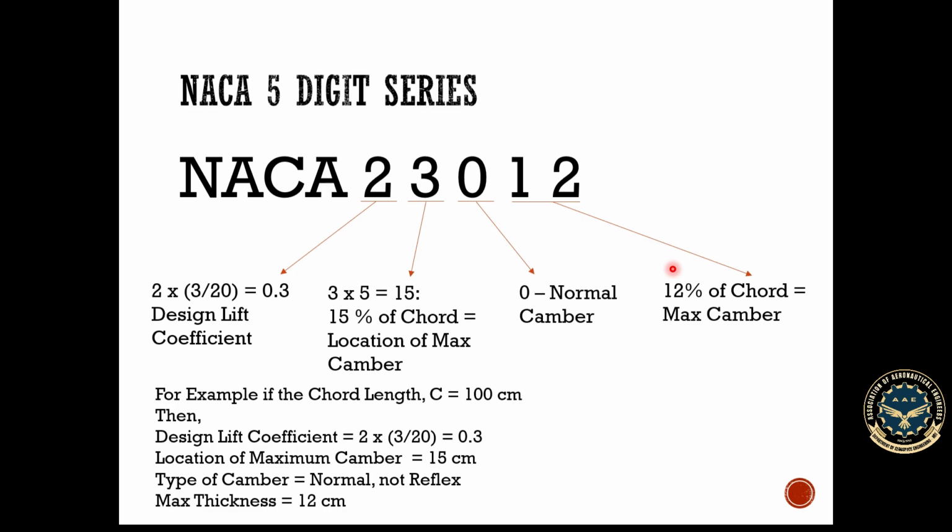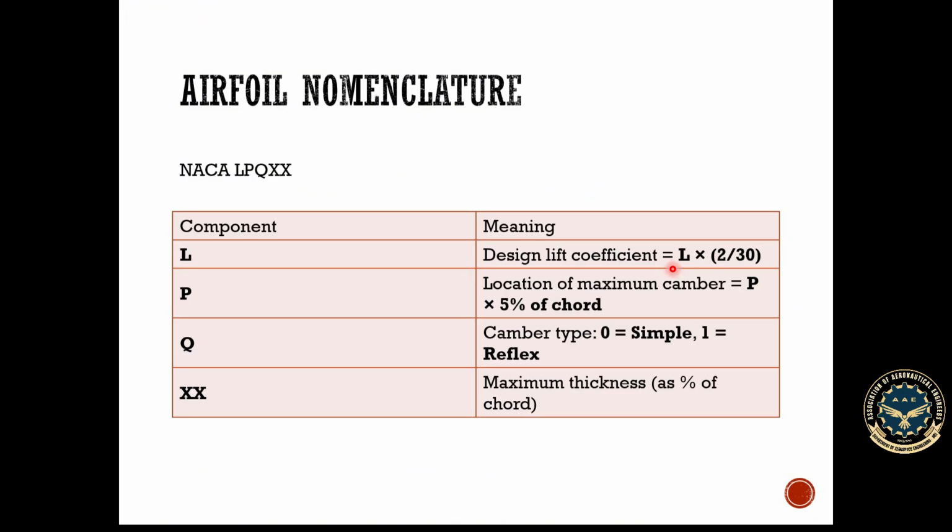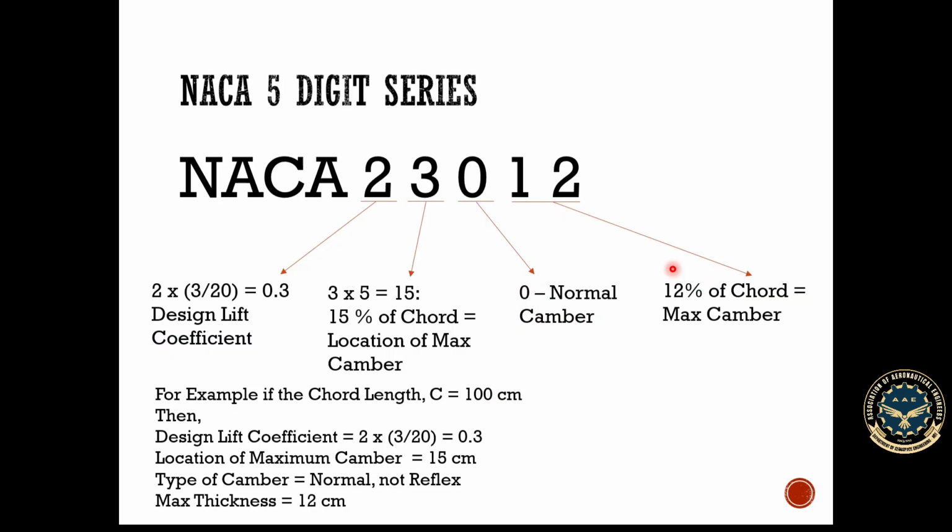So let us look at an example: NACA 23012. The first digit is 2. 2 multiplied by 3/20 gives 0.3. That's your design lift coefficient, CL optimum. And then you have 3. It's P multiplied by 5 that gives you a number, and that number in percentage of chord gives you the location of maximum camber.